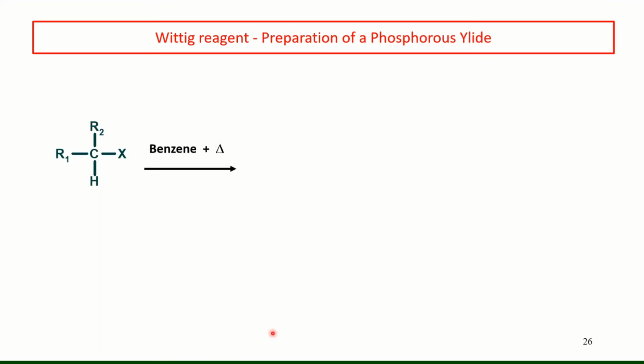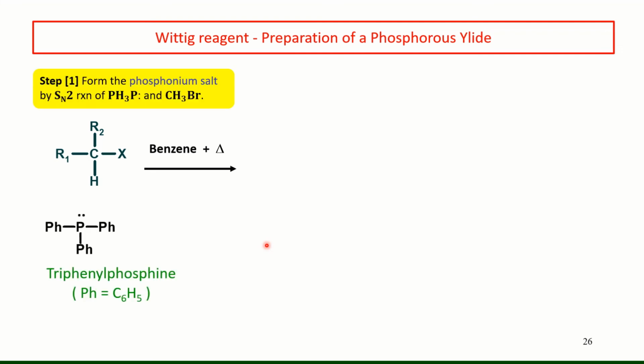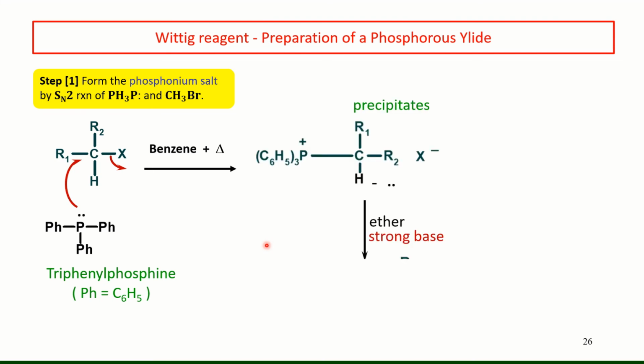The mechanism looks like this. The first thing you've got to do is generate your ylide, and we start off with an alkyl halide. It has to be a primary or secondary alkyl halide, because the first step in the production of your ylide is a bimolecular attack by the triphenylphosphine on the alkyl halide. The resulting species has a proton present, which we can deprotonate with a strong base.